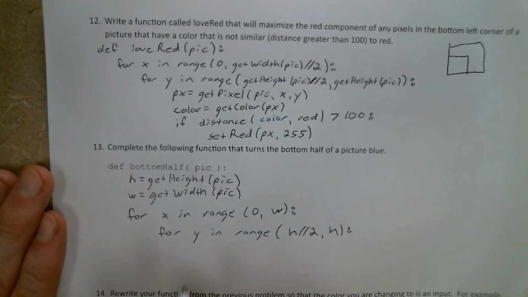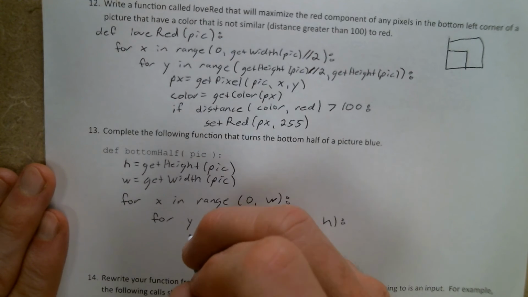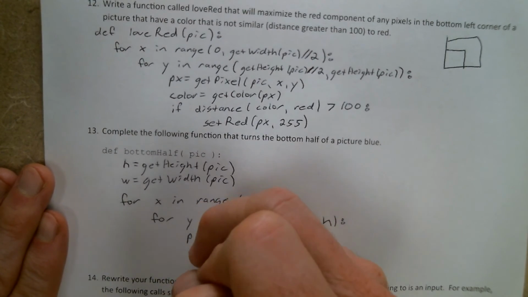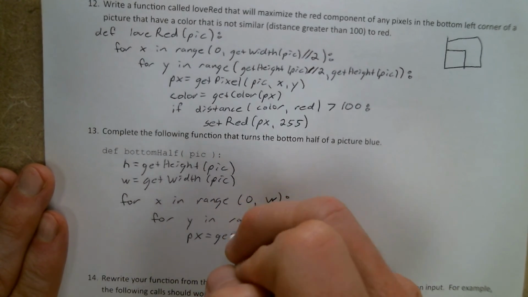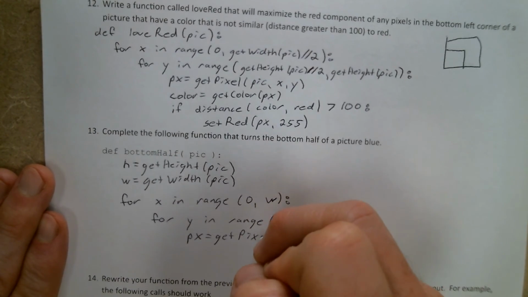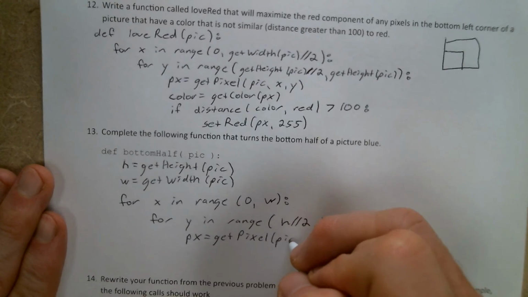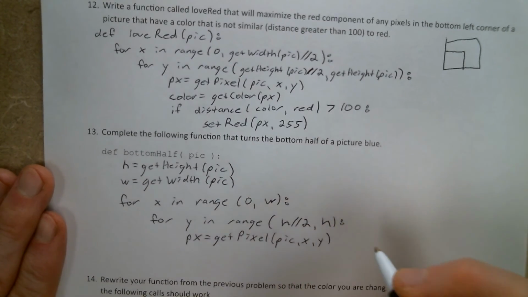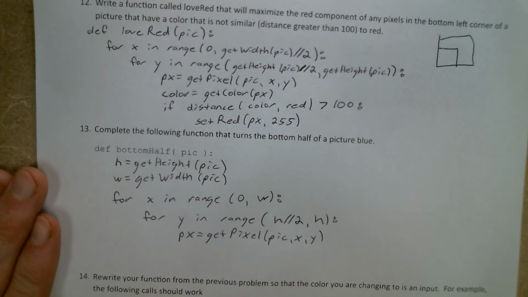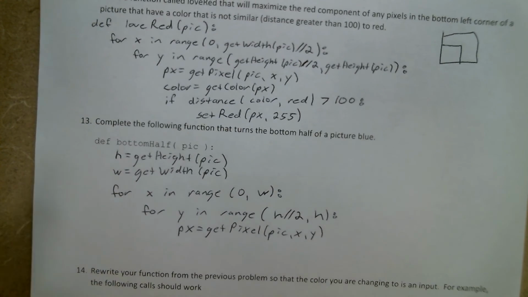Again, because these are coordinates, I have to first retrieve the pixel. So I'm going to say px equals getPixel pick, x, y. This one tells me that it's blue.